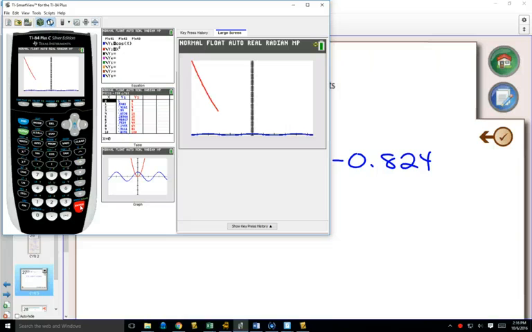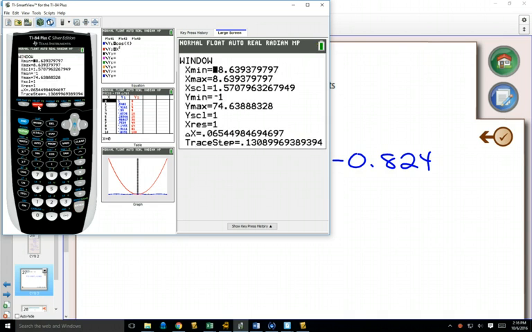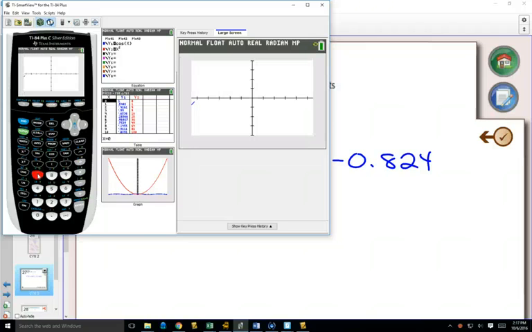I guess in the zoom fit, it really wanted to fit a lot of the parabola on there, and it was okay with squishing. If we actually look at the window it decided to use, it decided it would be nice to go from -1 to 74.638888328. Very nice numbers. Okay, so of all the ones that we had here, I think I like the zoom trig one the best in this case.